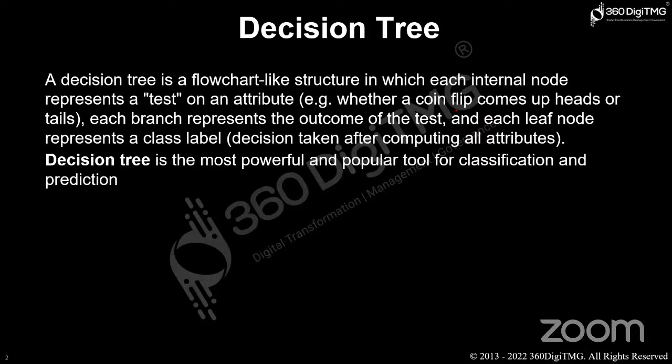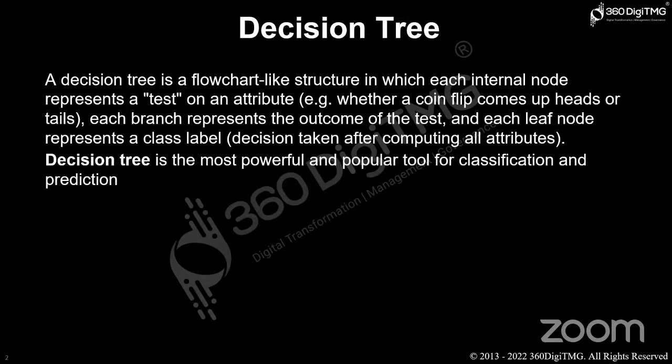The decision tree algorithm belongs to the class of supervised learning, where the training data is given to a machine learning model and it gets trained. Unlike other supervised learning algorithms, the decision tree algorithm can be used for solving regression and classification problems.